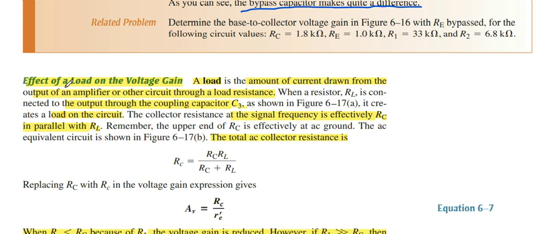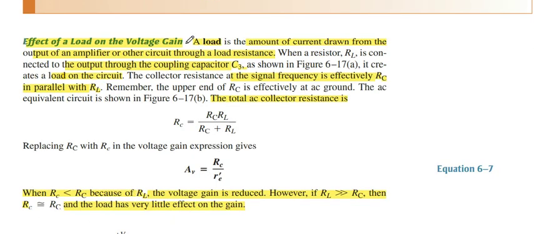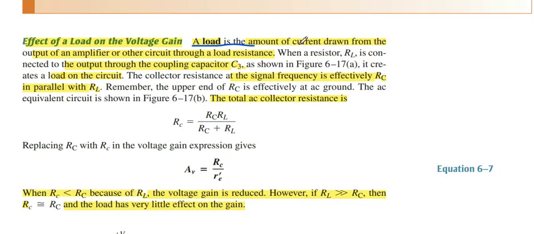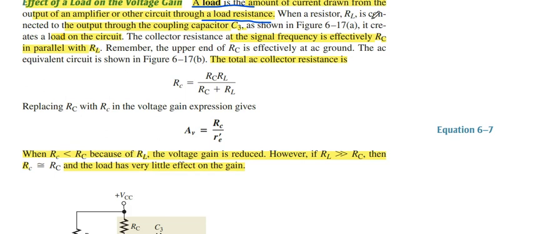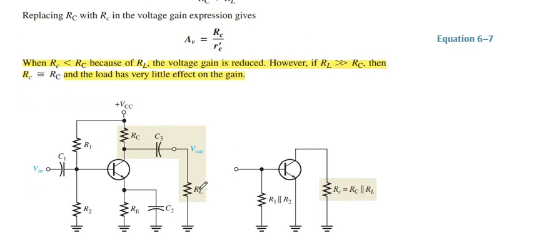Now the effect of load resistance on the voltage gain. Load is the current drawn from the amplifier output at the load resistance RL, while RL is parallel to the RC, like this one.